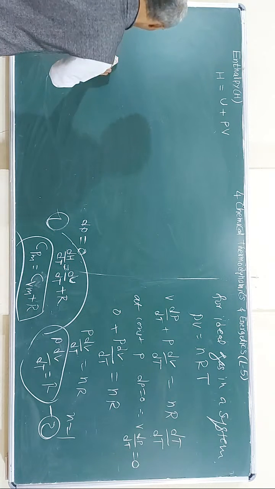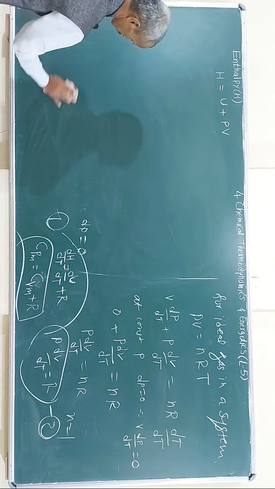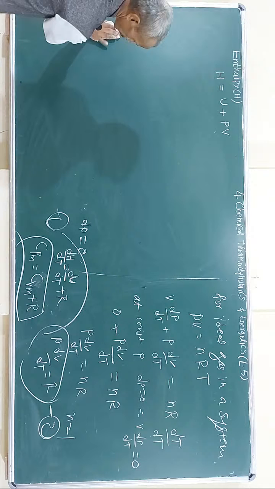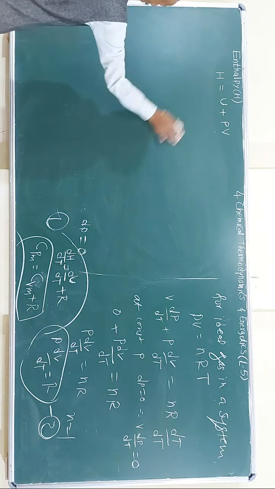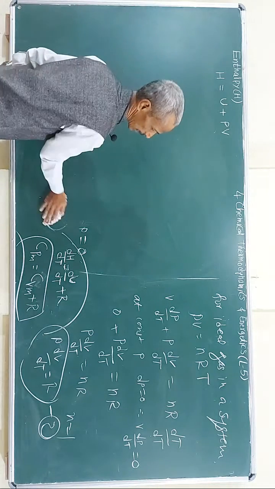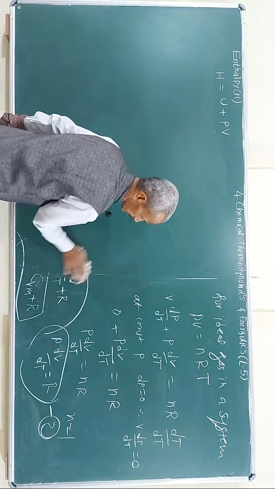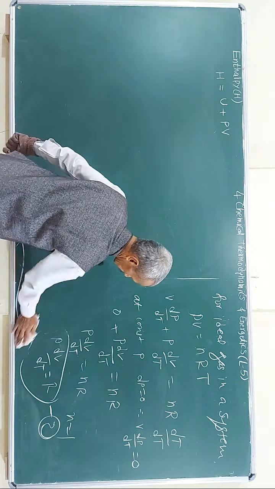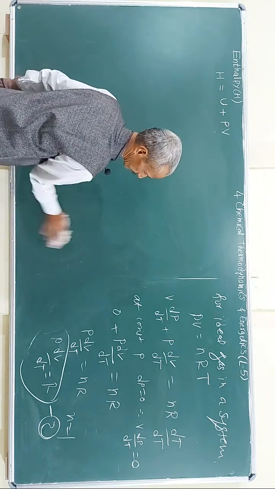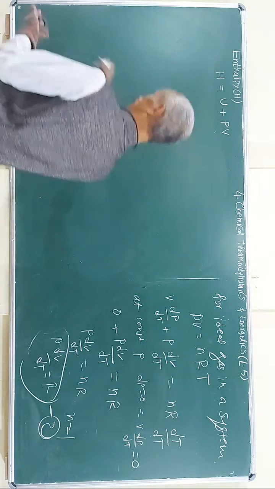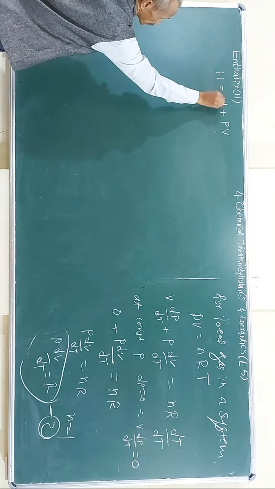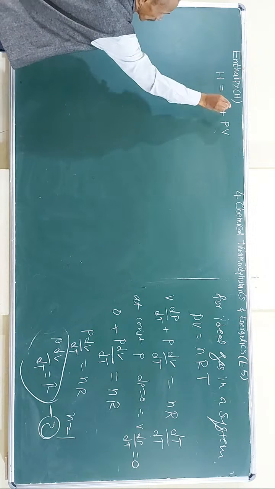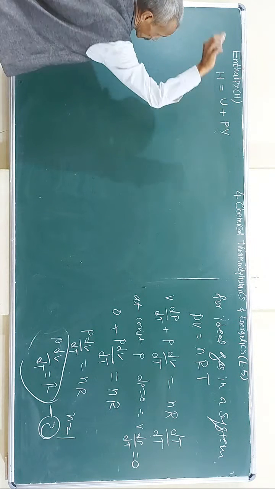Generally, why at constant pressure? Because most processes are carried out at constant pressure, but not necessarily is the pressure always constant. Therefore, the total heat content H can be defined as the internal energy of the system plus pressure times volume.